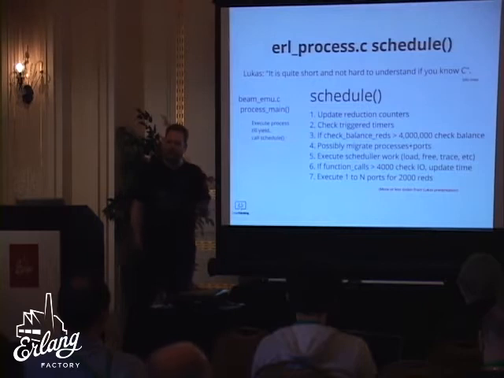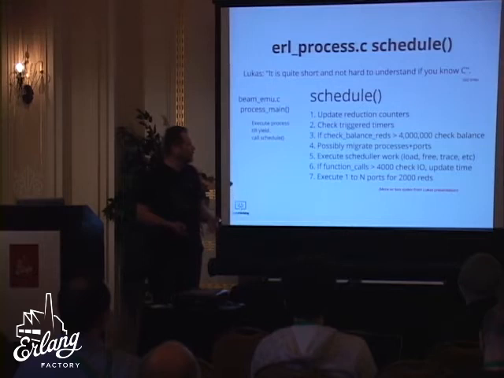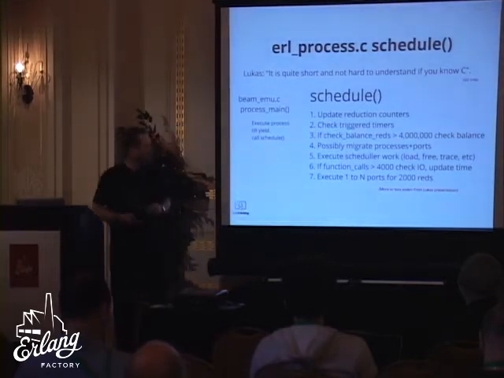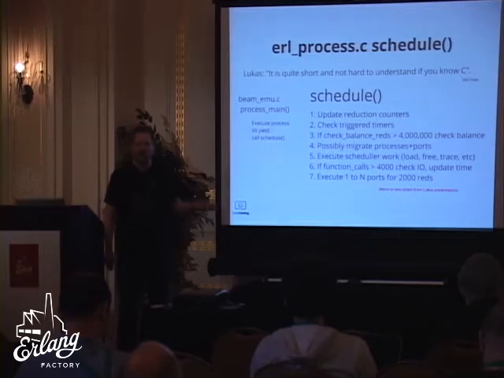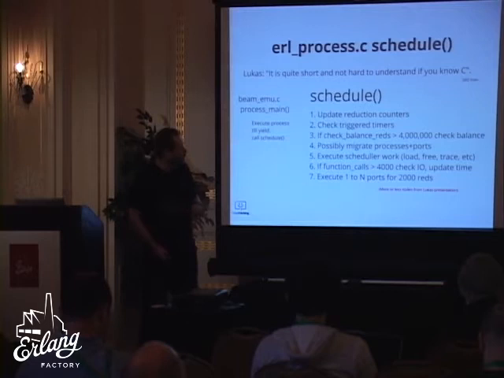And then if this particular scheduler has been running for 4 million reductions since the last time an IO check or a balance check was done, then it will do a balance check. We'll come a little bit to what a balance check is.